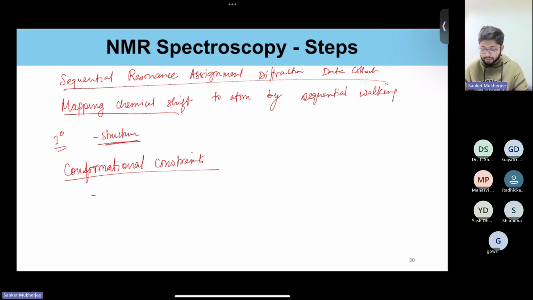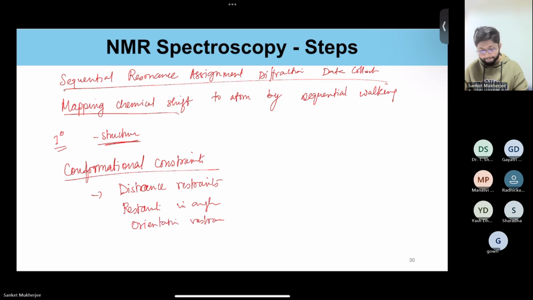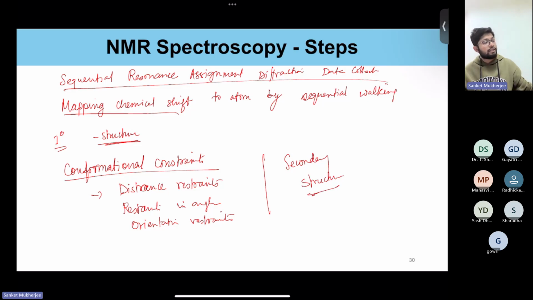So there could be distance restraints, restraints in angles, or orientation restraints. This orientation data also gives you information about secondary structures. So this is very important in NMR spectroscopy.